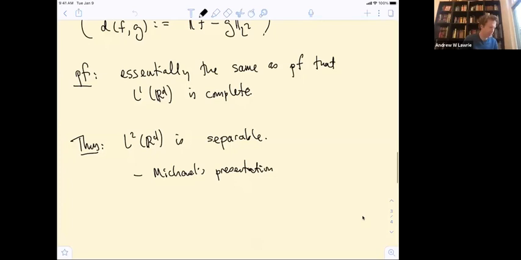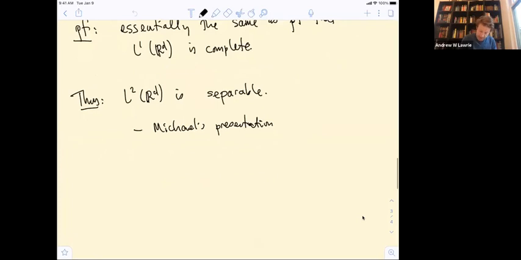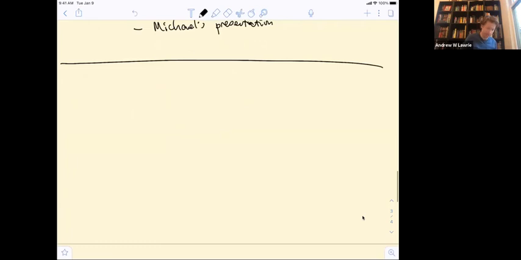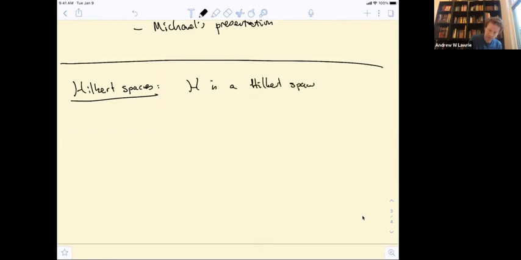Okay, so we just proved that L2 is separable, and we've been discussing Hilbert spaces, but let me just remind you guys of the definition. H is a Hilbert space if H is a vector space.